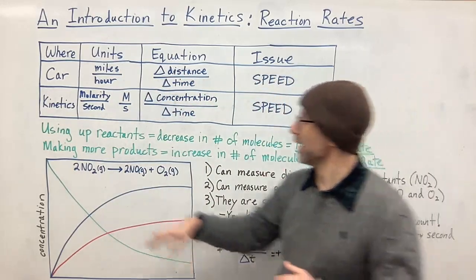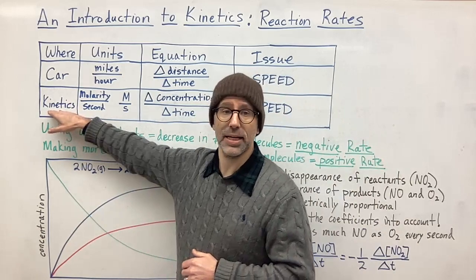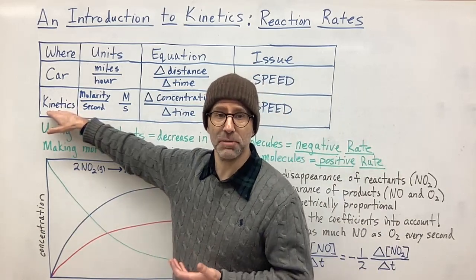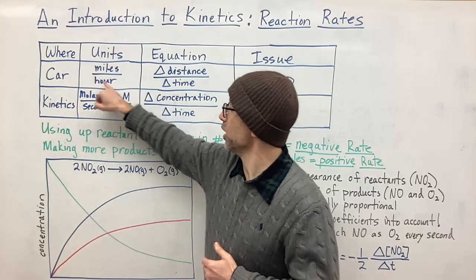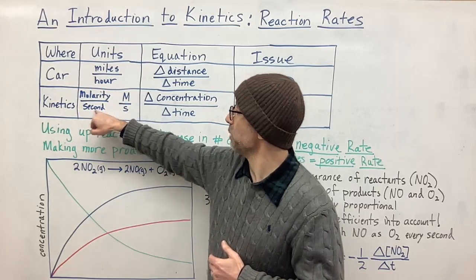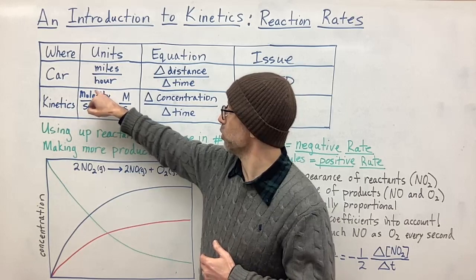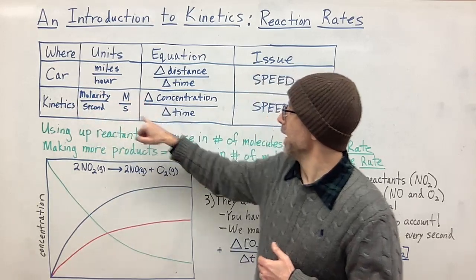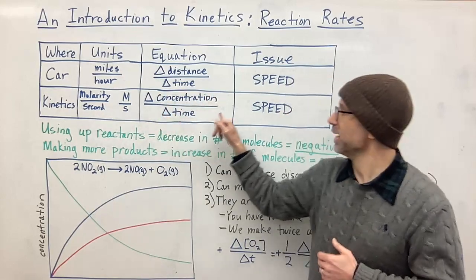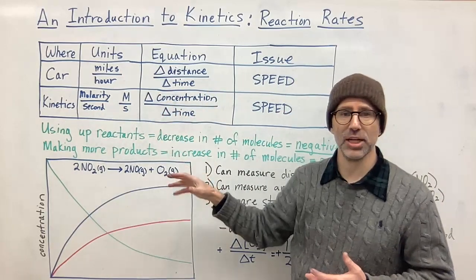Now for kinetics, we're looking at the speed of a reaction. And so there we're looking at the change in molarity over time in seconds. So we're looking at the units of molarity over seconds, or capital M over s. And as I said, again, we're looking at the average change over time.